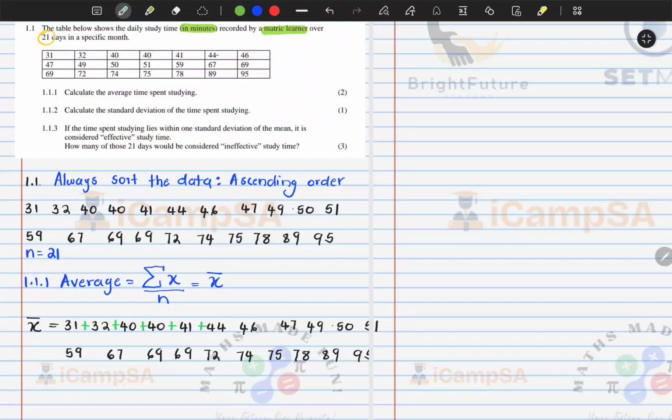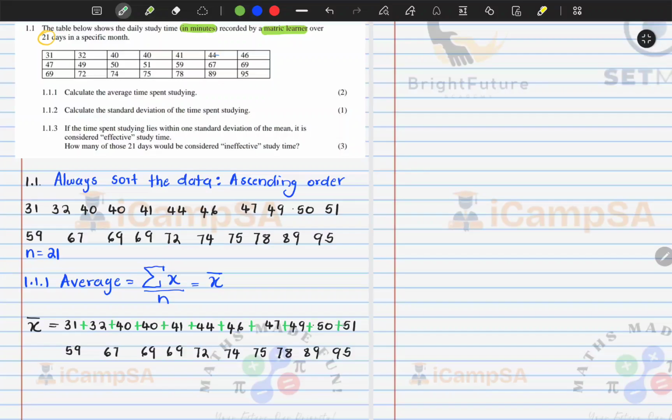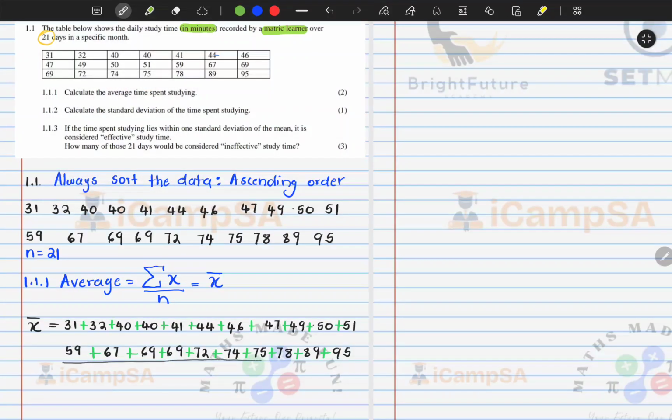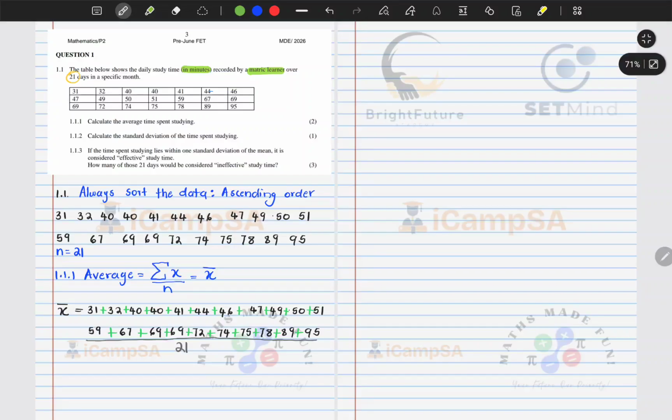Let's make some space here, as some numbers are hidden. Then plus, plus, plus, and all of this is going to be divided by 21, guys. So you would go to your calculator and put in this calculation here.